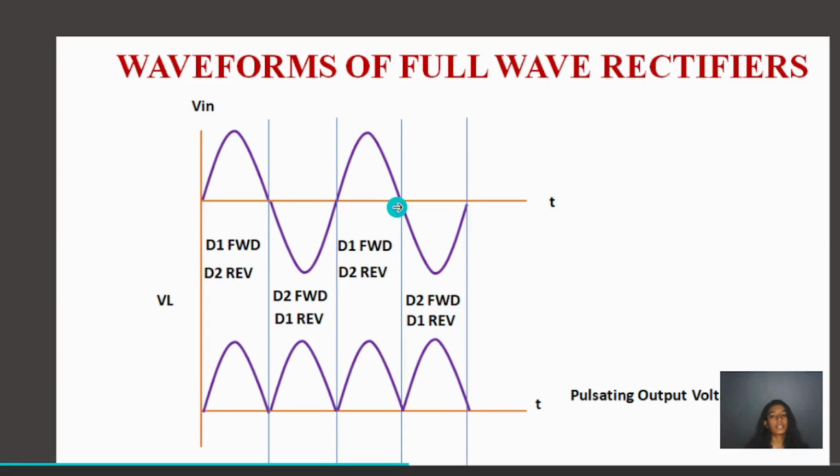Similarly, considering the negative half cycle, D2 is forward biased and D1 is reverse biased. So this is a continuous series of the output waveform that we'll be getting, which will be a combination of the two half cycles, and this is called pulsating output voltage.